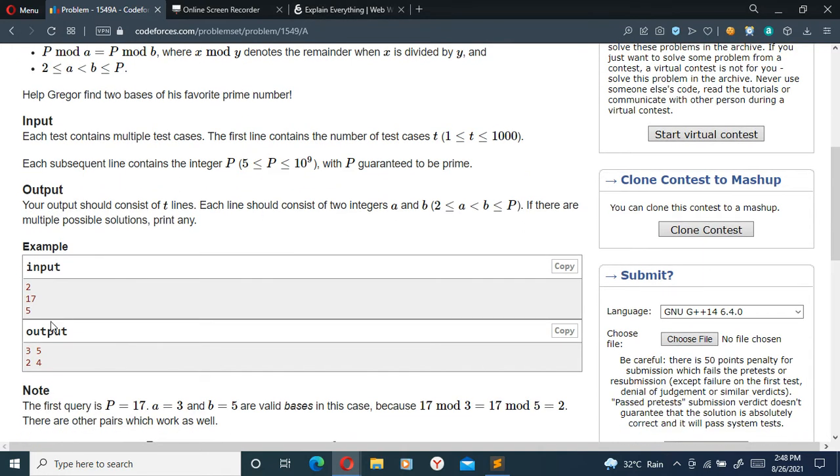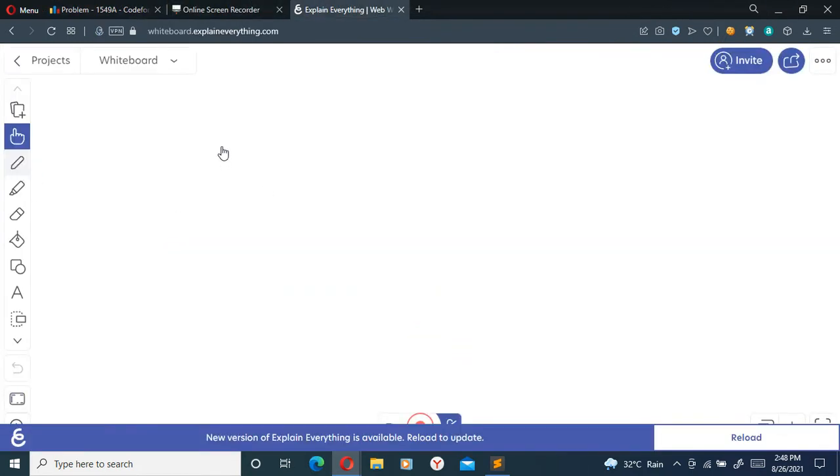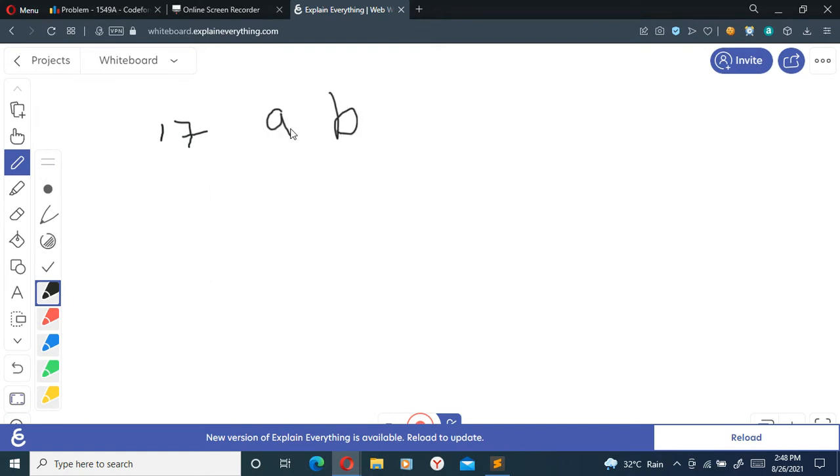Let's check this with an example. The n given here is 17. For 17, I have to take values a and b. This could be any number, and a and b should always be greater than or equal to 2.